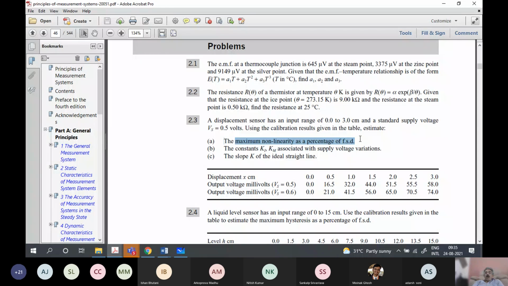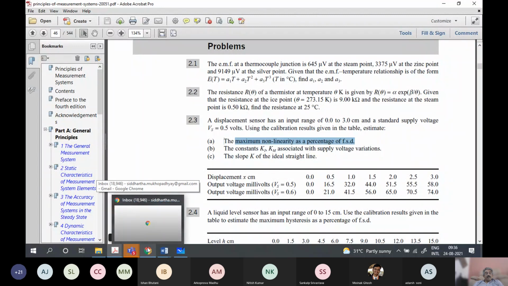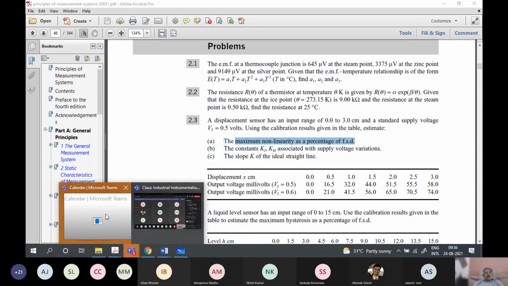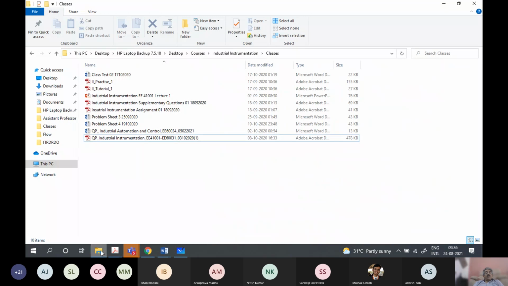Now I want to understand how to construct the specification of this instrument as X% of full scale or Y% of reading, whichever is greater. We saw that we have to construct a specification like that. Yesterday night I was seeing that specifications are stated like that. Let me go to downloads.